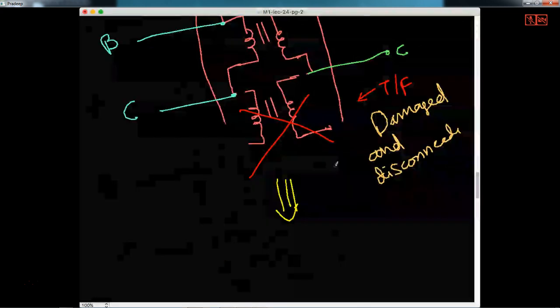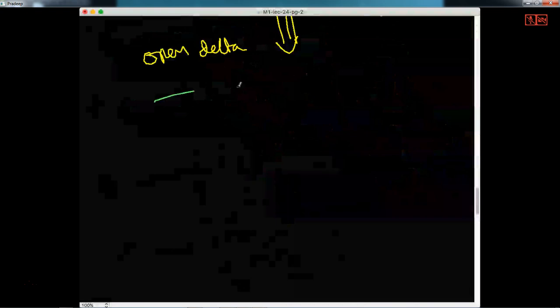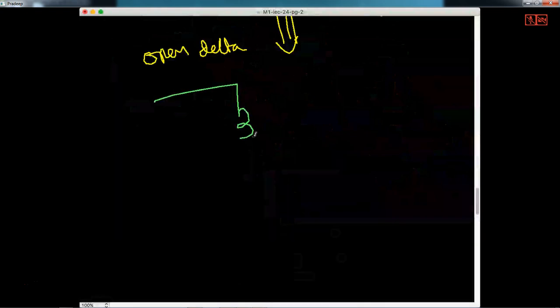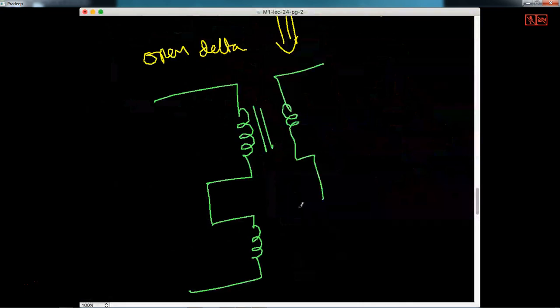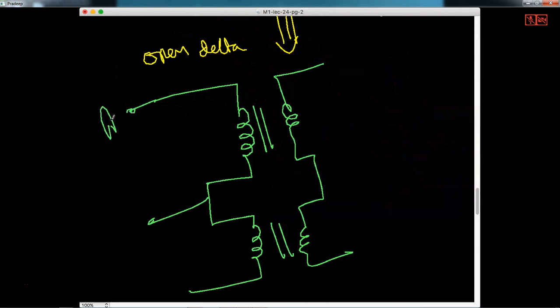So what is the open delta connection? It is like this. I just have 2 transformers. Here the terminals are like this: capital A, capital B, and capital C, and this is small a, small b, and small c. You notice that this is exactly the same as the earlier diagram.